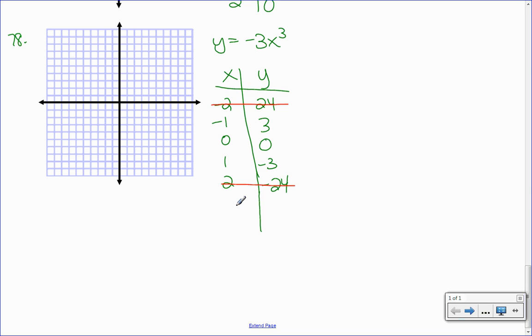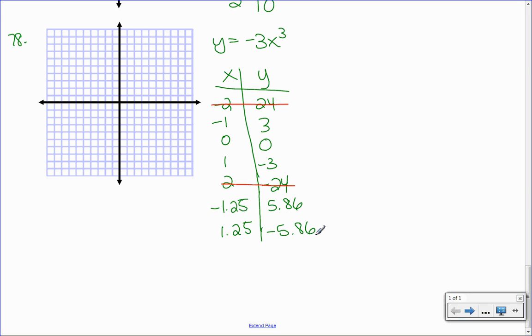So I like to get some points outside of this range. So let's go with -1.25 and positive 1.25. And you'll want to use the calculator to plug these in, because trying to cube this by hand is pretty messy. So -1.25 comes out to approximately 5.86, and positive 1.25 comes out to approximately -5.86.